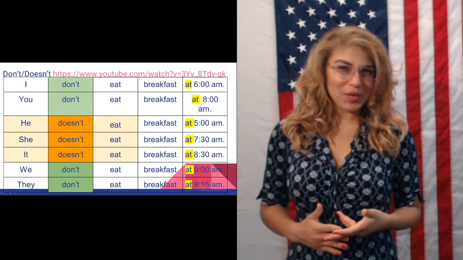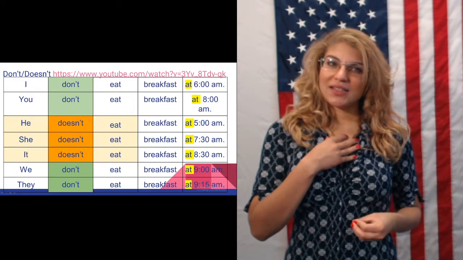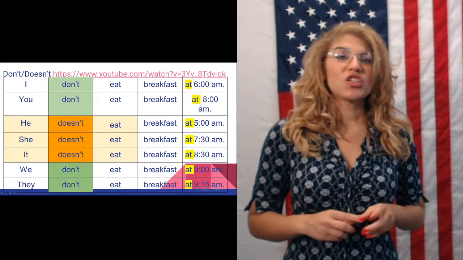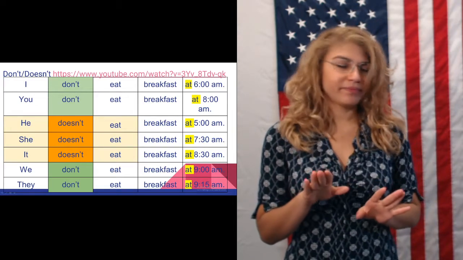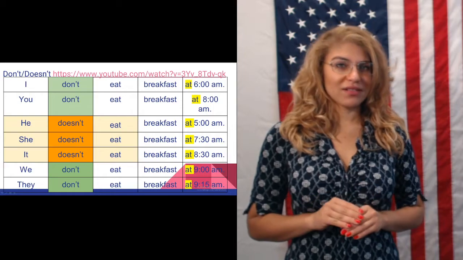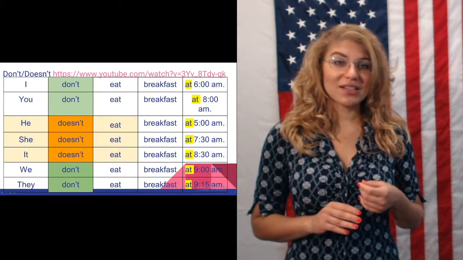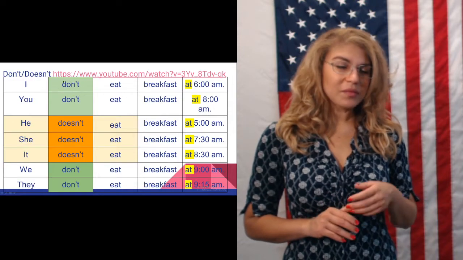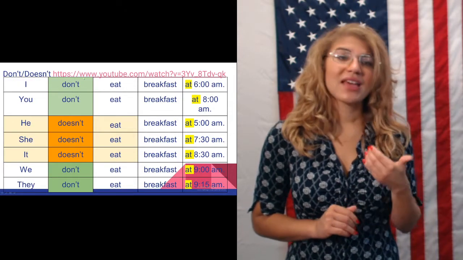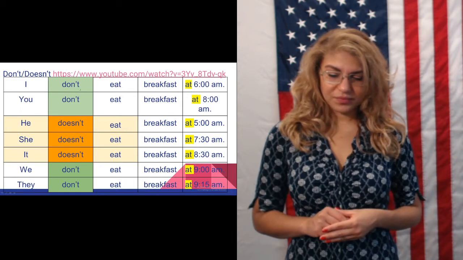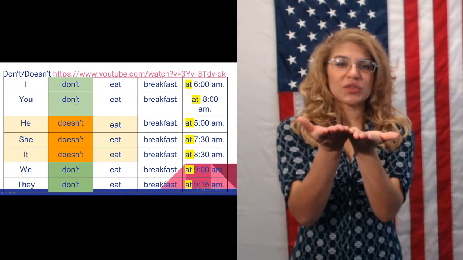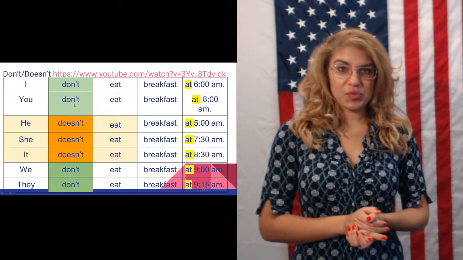So for example, I eat, but if it is negative, we will add not no. I no eat, don't. I don't eat breakfast at 6 a.m. I don't is equal to saying I do not.